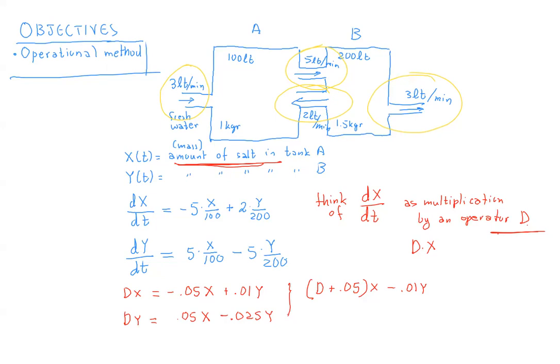So this will be minus 0.05x, plus d plus 0.025 applied to y. The whole thing applies to y. And in both cases, since we collected everything on the left-hand side, we're going to get 0 on the right-hand side. Okay. And that's what we get.